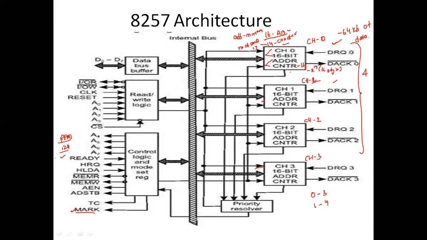It provides another control signal, mark, to indicate to the peripheral that the current DMA cycle is 128 cycles since the previous mark output. If 128 cycles have run, it is going to mark it.